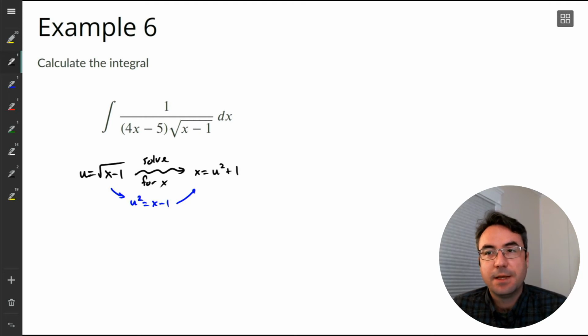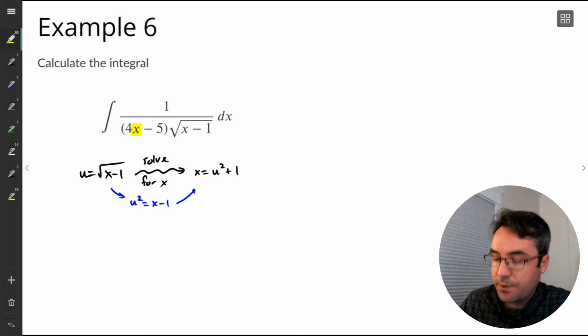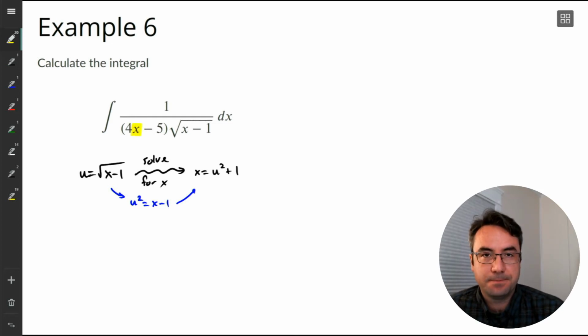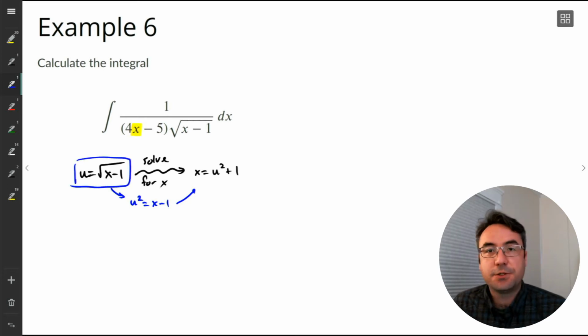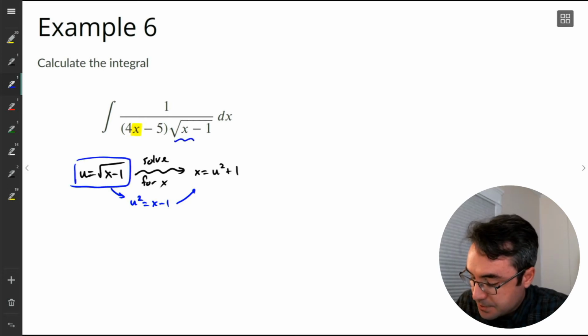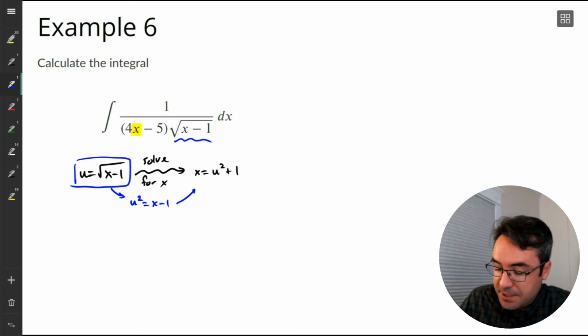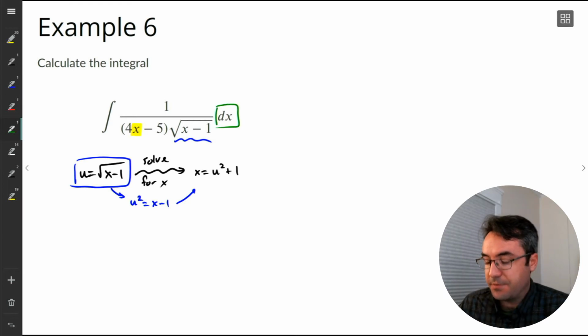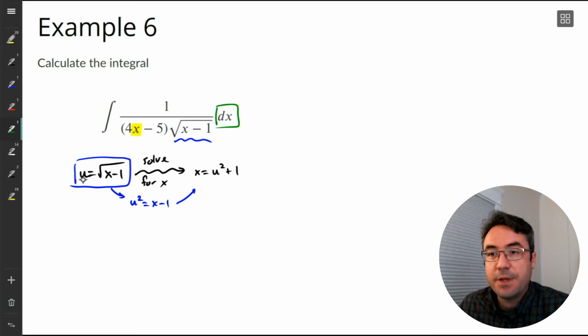All right. So this is going to help us convert over this kind of lone x term here. This, our original choice for u, is going to help us convert over that square root of x minus 1 that we see. Now we still need to convert over our differential, and we could calculate it from here, or we can calculate it from this equation, and that's what we're going to do here.